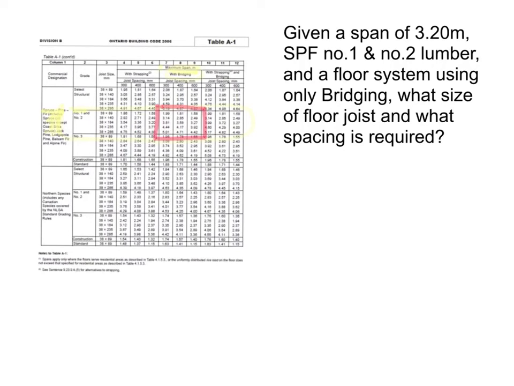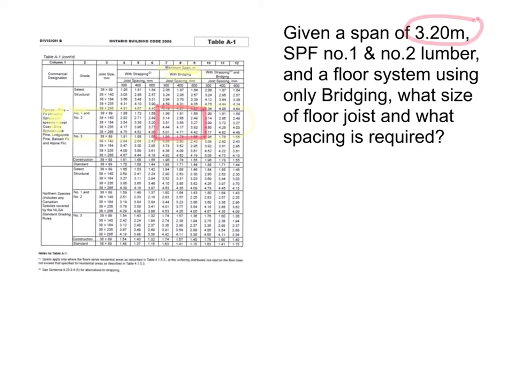The other information that I have is that the span is 3.20 meters. So when I select my joist size, I want to use the number that is the closest to 3.20 meters without being under that number. So the maximum span is going to be the closest to 3.20 meters.